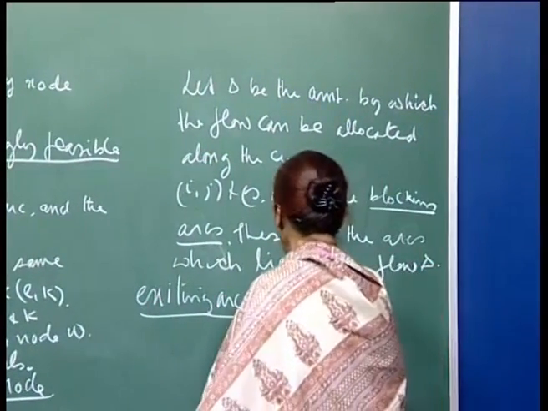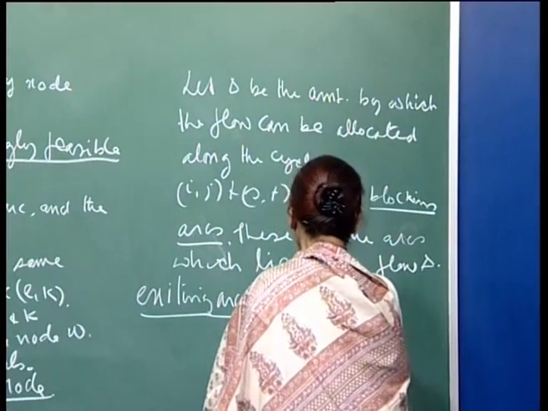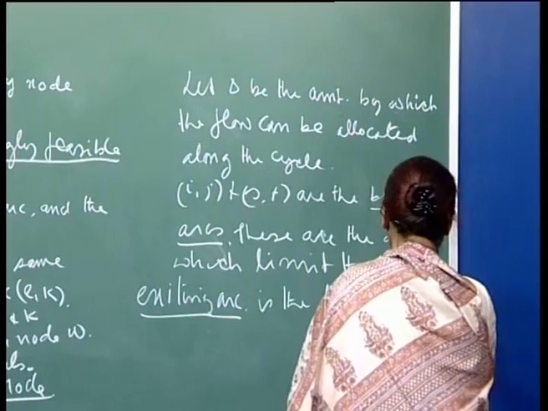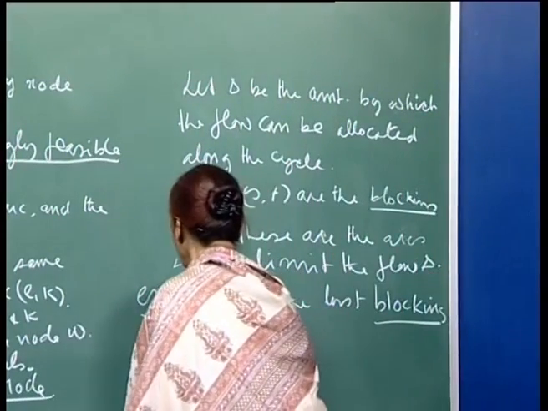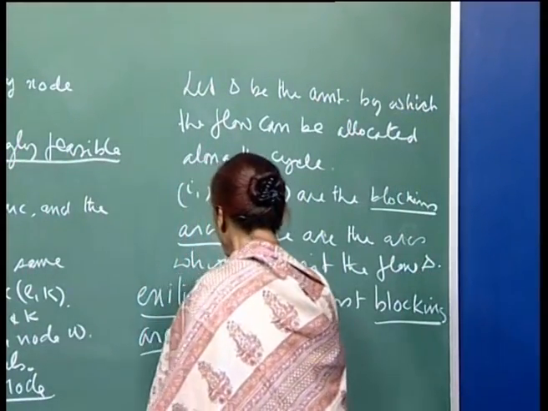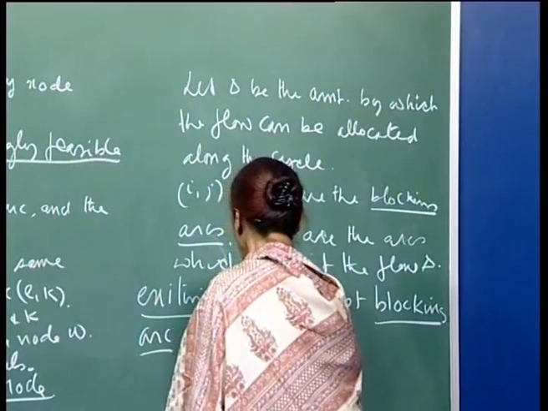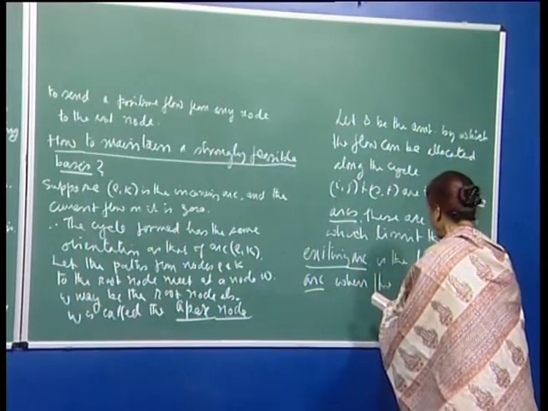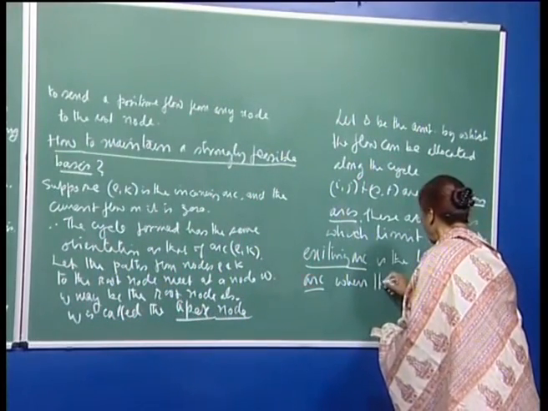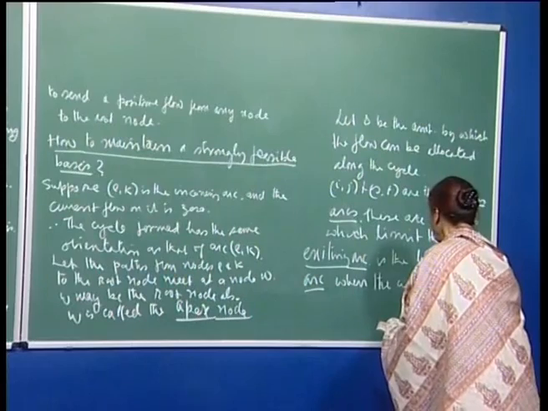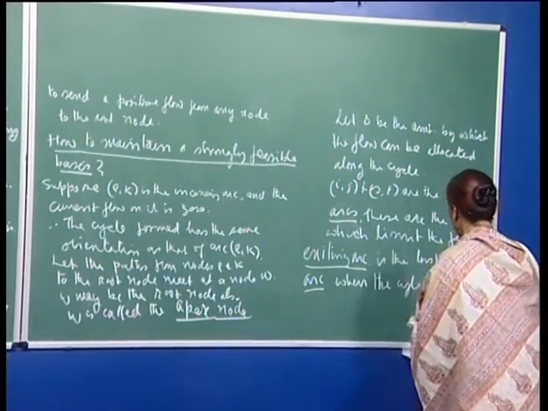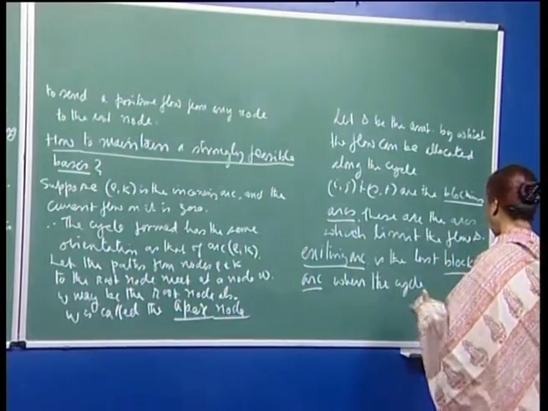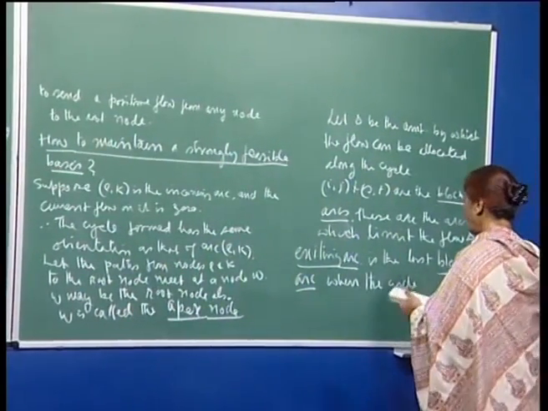This is the last blocking arc when the cycle is traversed, the last blocking arc.